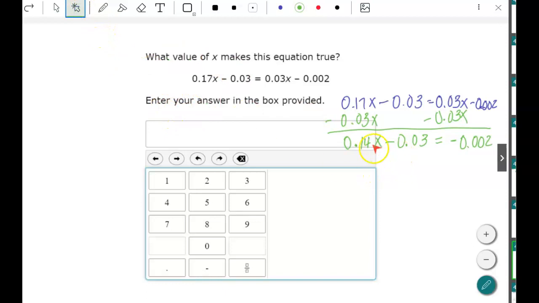Still need to isolate this variable, so we've got to get rid of this minus 0.03. So we're going to add 0.03 to both sides. Remember, you do the opposite. Line up the decimal, or put it in your calculator. You are adding that, so you want to just put that into your calculator.